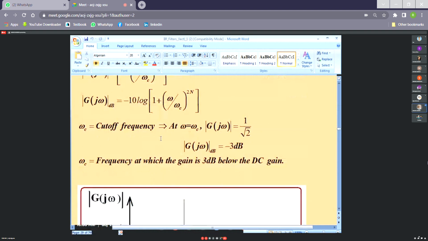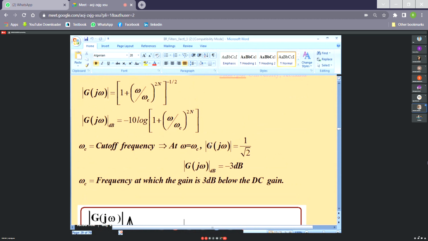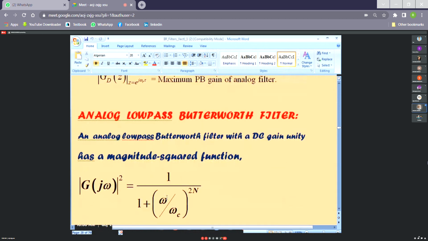So this is what I have illustrated. Omega c is the cutoff frequency. At omega equal to omega c, magnitude of G of j omega is 1 by root 2. This expression is given considering that the DC gain is 0 dB, or 1 as a dimensionless quantity.